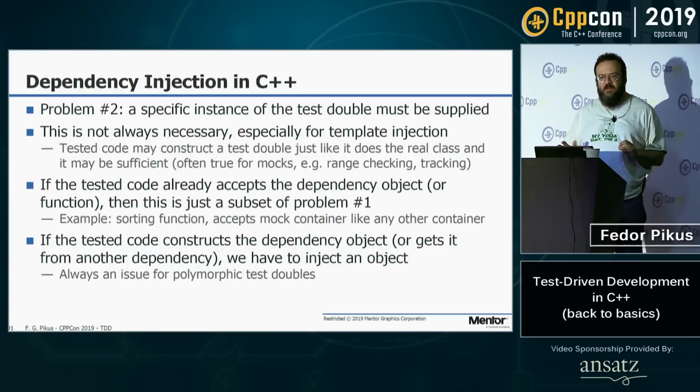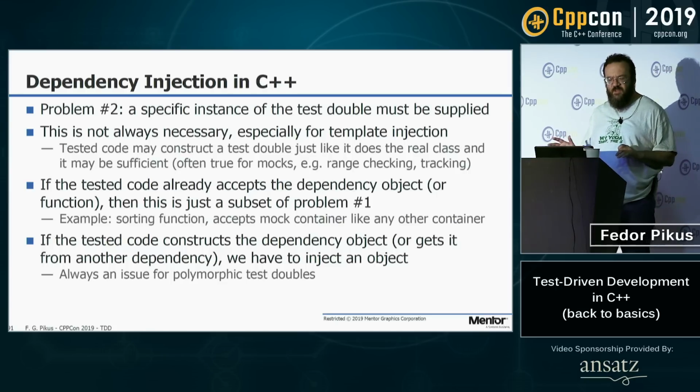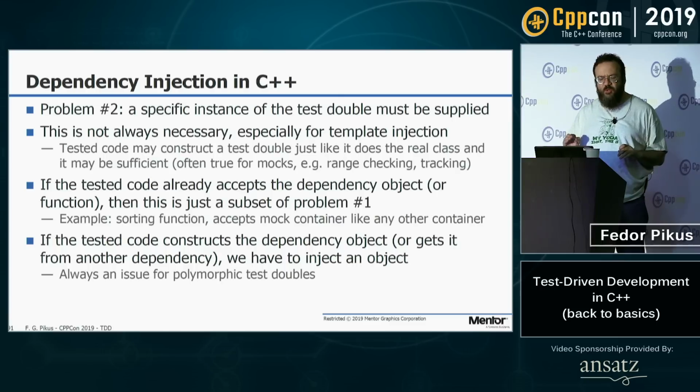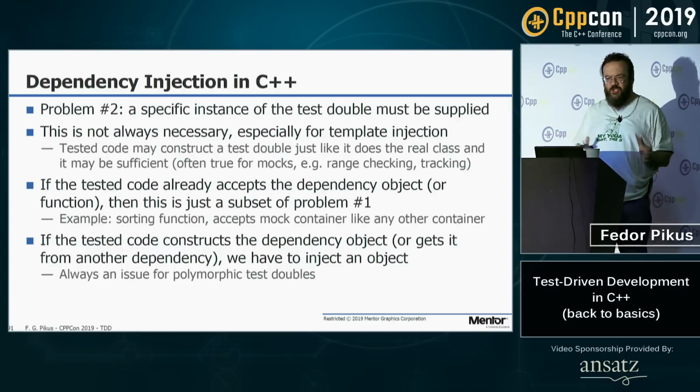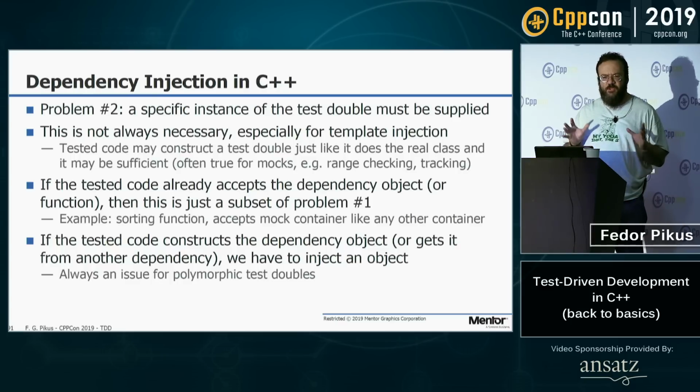If normally you didn't give it the instance, you now have a problem. You have to pass in the instance into the code, which normally didn't take the instance because it didn't expect that it would need it. In the normal conditions, in the non-testing conditions, I expect certain backend and I know how to create it.